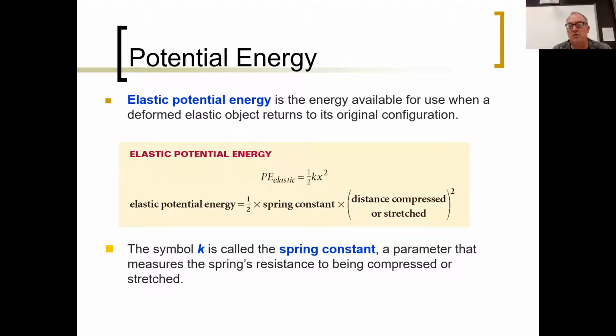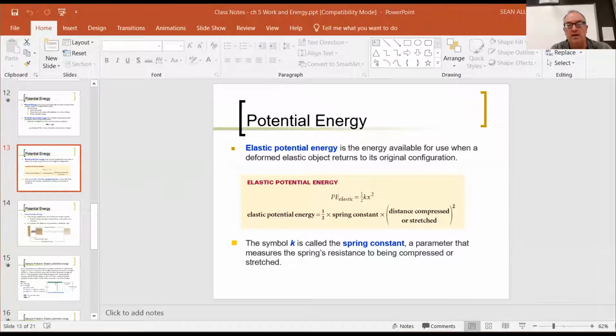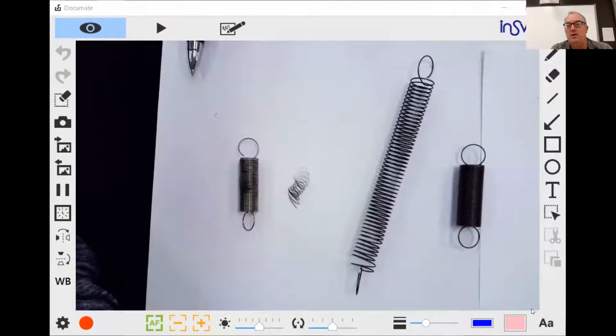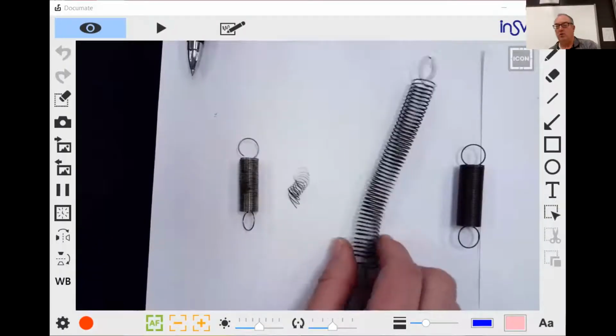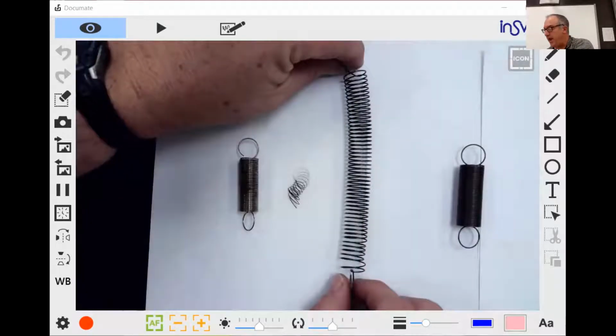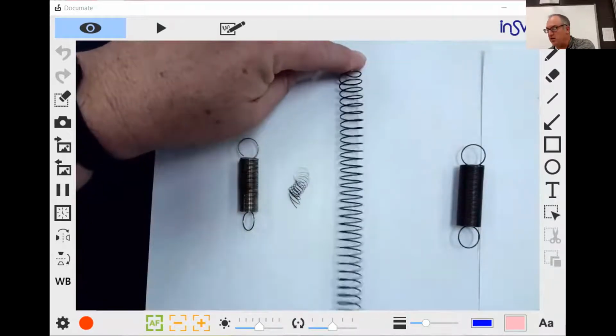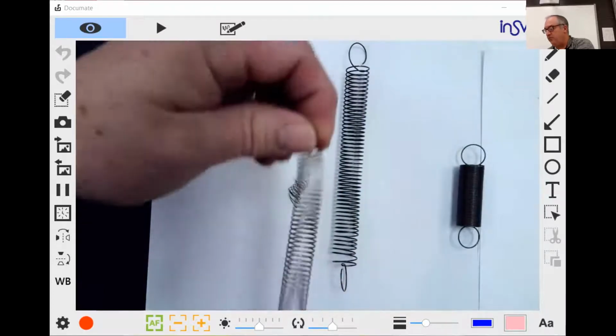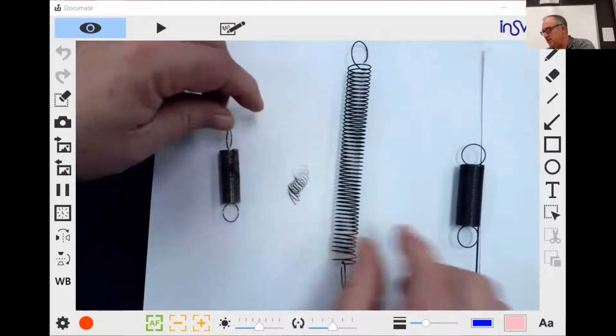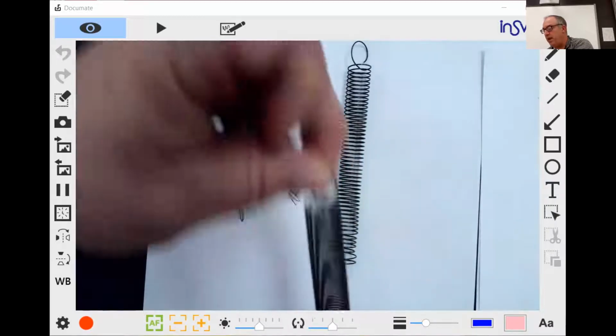compressed or stretched. So if we want to look at that spring constant a little bit more and see what that means, we're going to change to the document camera. And here we have springs, and that k value is how stretchy or how strong or how much force it takes to make that spring expand and compress.